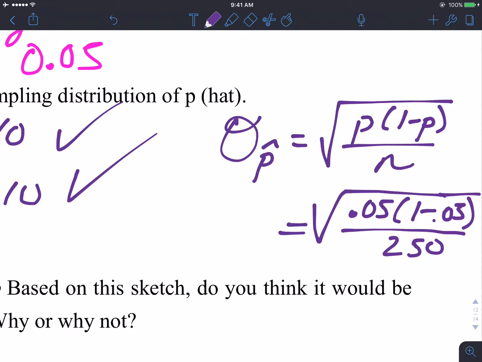And what that ends up being is 0.0137, and that is the standard deviation of the estimate proportion. Please go ahead and interpret that value in context.